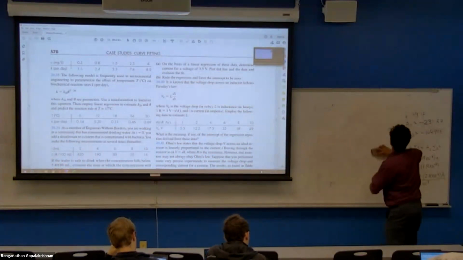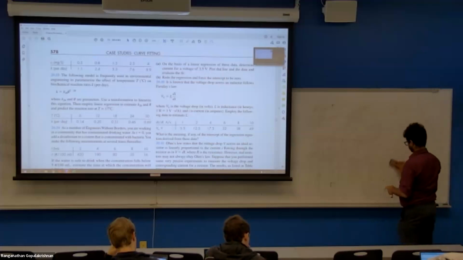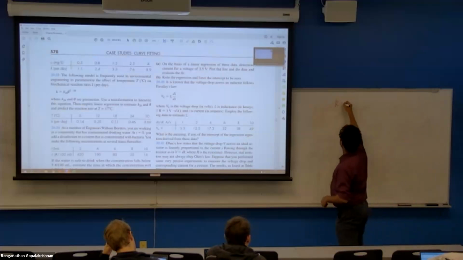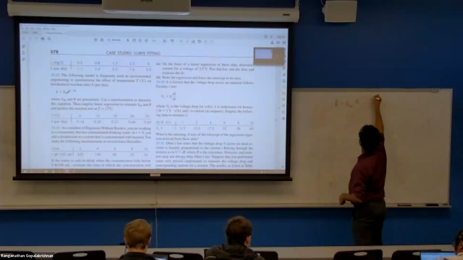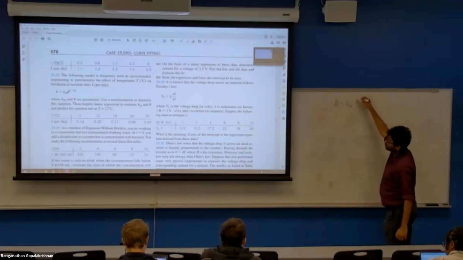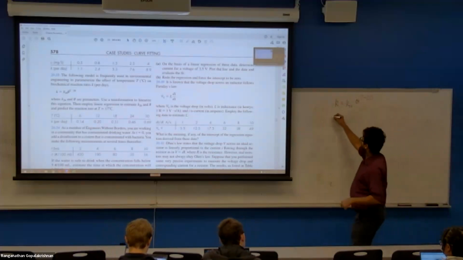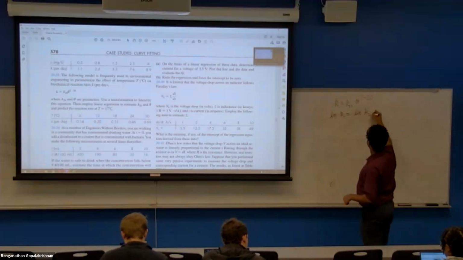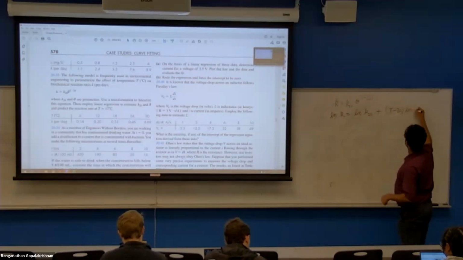You have k equal to k20 theta raised to the power t minus 20. Whenever you have these types of power law relationships, don't do the exponential, do the logarithm. Natural logarithm of k equals natural logarithm of k20 plus t minus 20 times the natural logarithm of theta.